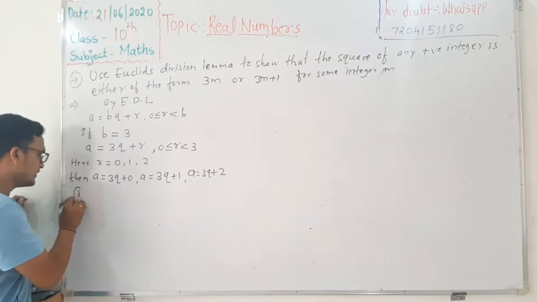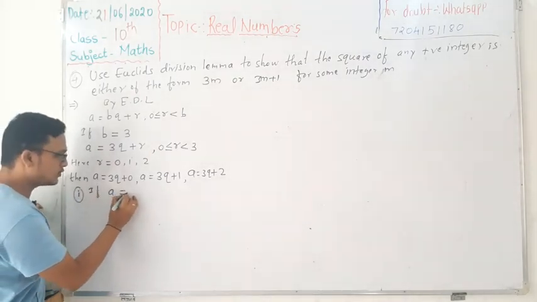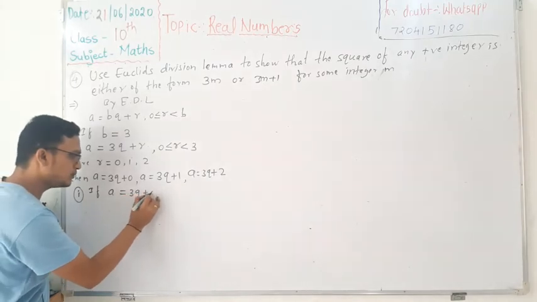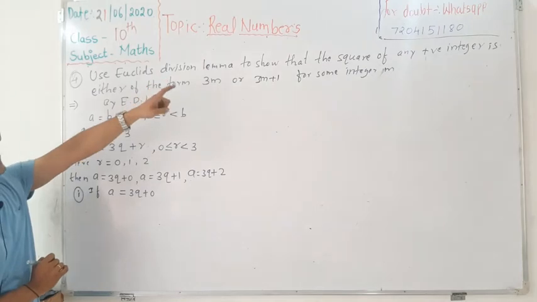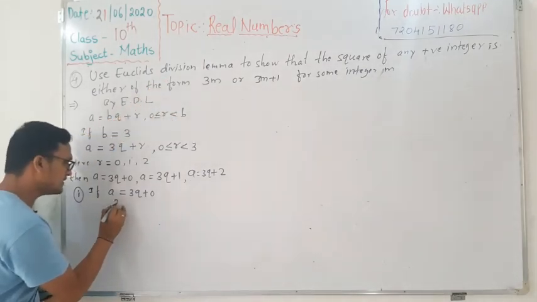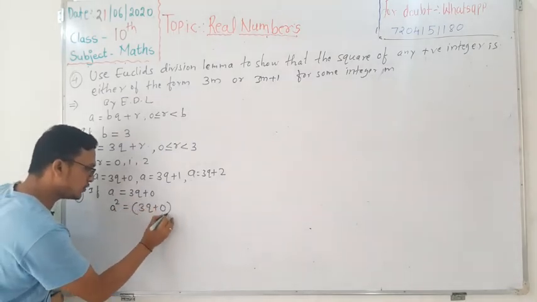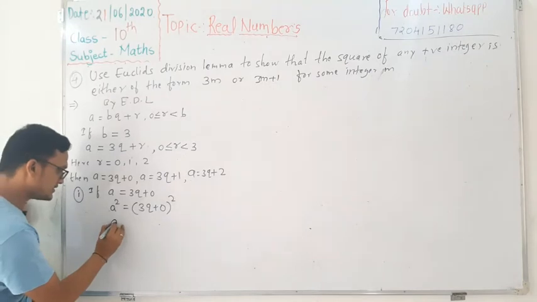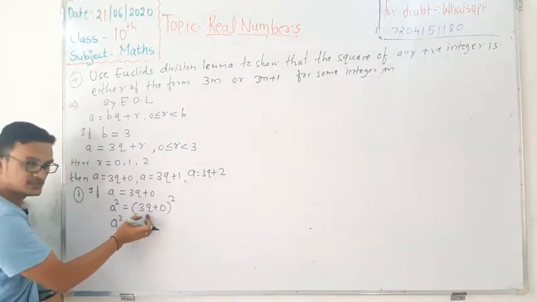I will take the first condition, that is, if a equals 3q plus 0. You have to make the square of that integer, so I will take squaring on both sides. So a square equals 3q plus 0 whole square, and as we know, 3q plus 0 is 3q itself.